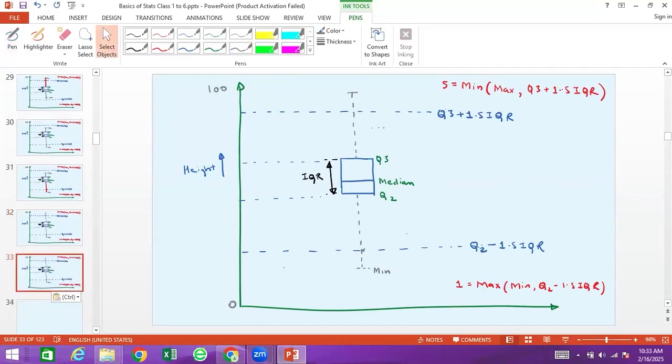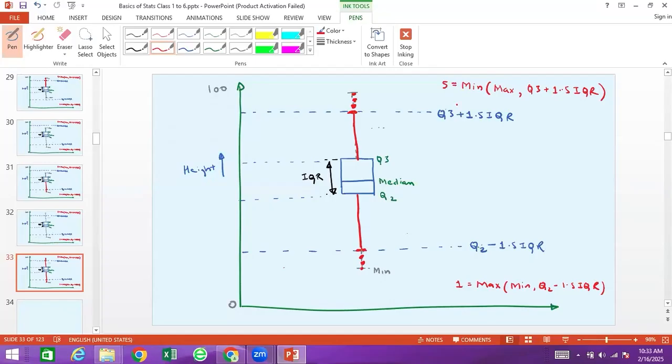In this case, we will be building whiskers till here and similarly till here. Values greater than this will be dots. Values smaller than this will be dots. Okay. Clear? Any question?